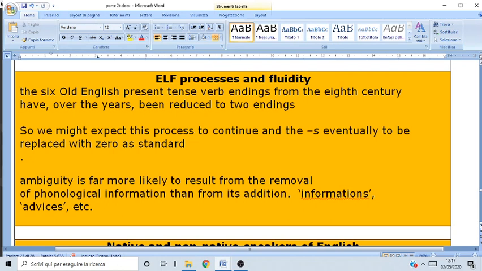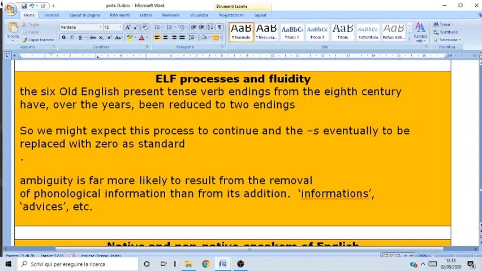Well, more or less, lots of people, not everybody, but lots of people know that you indicate something plural in English by adding an S. And so what people are doing in that case, and in English used as a lingua franca, is just following the normal pattern. And that's why you find informations.